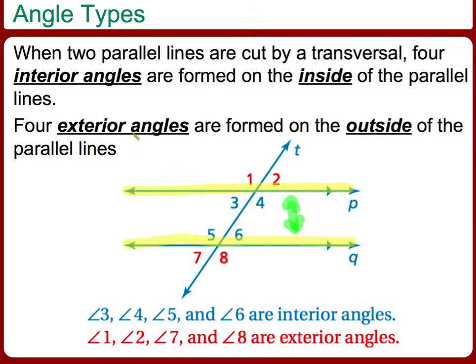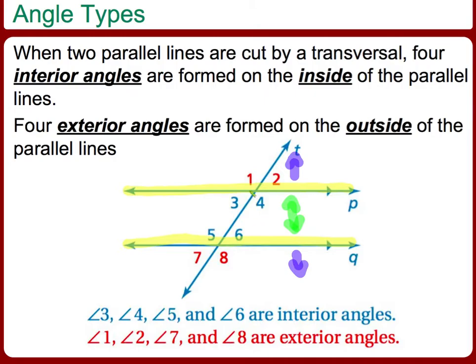Now exterior angles are outside the parallel lines. So angles 1, 2, 7, and 8 are called exterior angles because they're on the outside of the parallel lines. Okay, so we have exterior angles that are outside the parallel lines, interior angles on the inside.